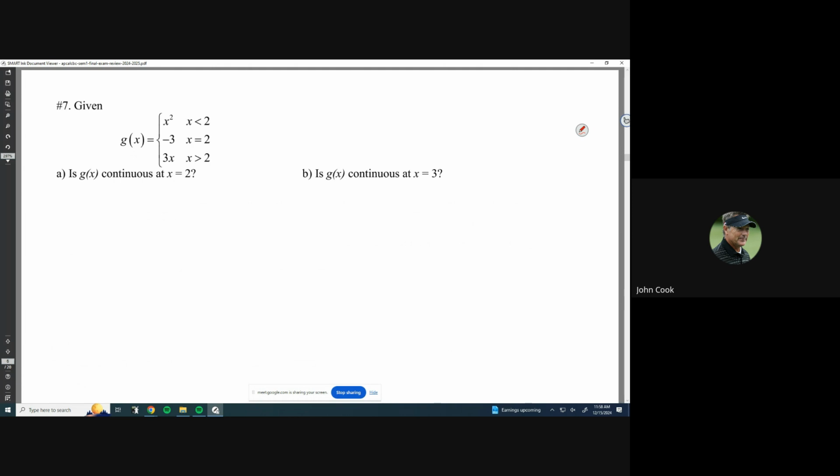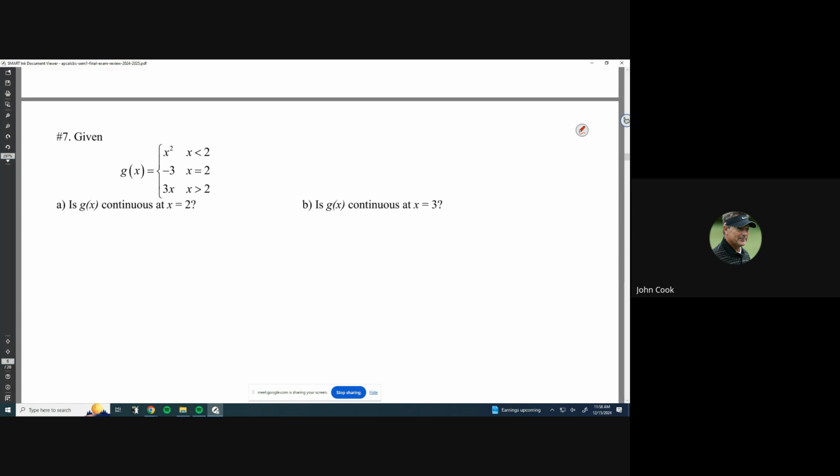Number 7 is about continuity. So for something to be continuous, the following needs to be true. The limit at some point that you're trying to show is continuous has to exist. So as x goes to c, it has to be some number. And then also the point has to exist.